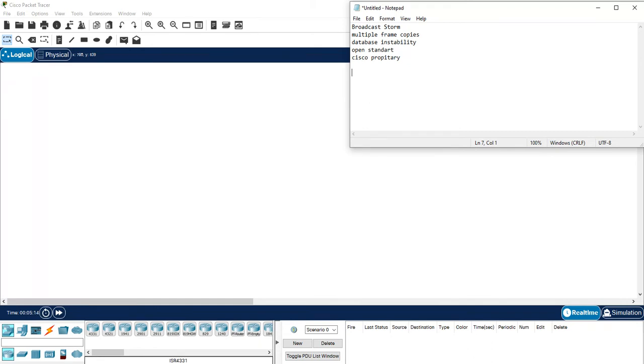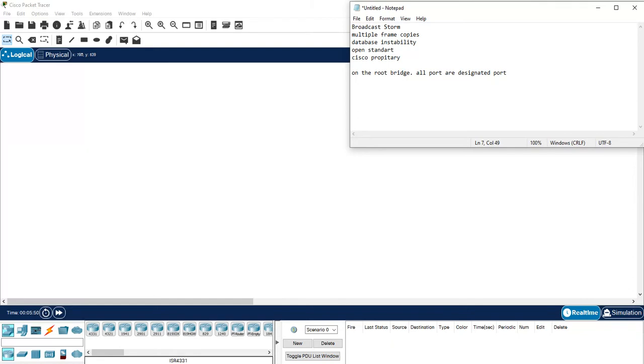The first is on the root bridge: all ports are designated ports.